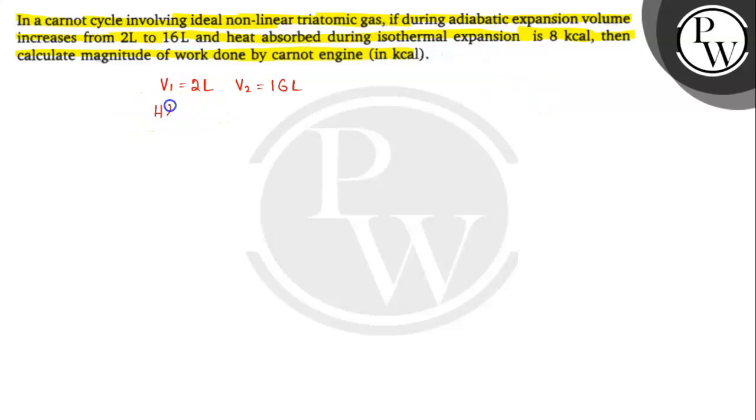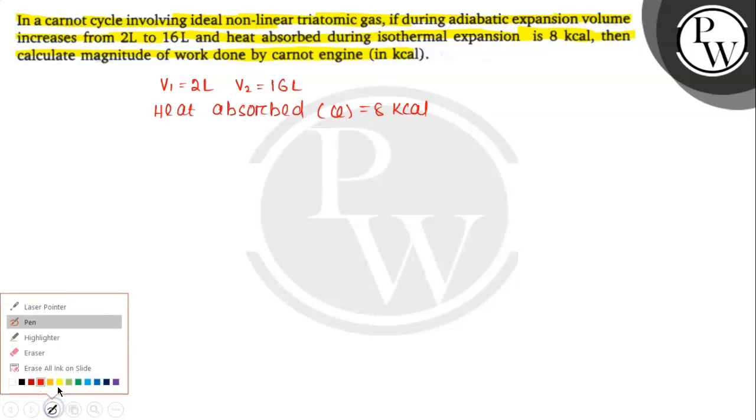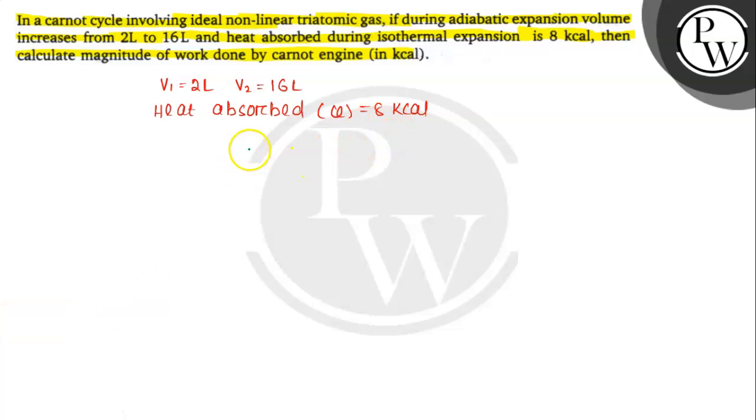That means heat absorbed, that is Q, is 8 kilocalorie. Now we know the formula of efficiency. Efficiency is work done divided by Q, that is heat absorbed, and here W is work done.